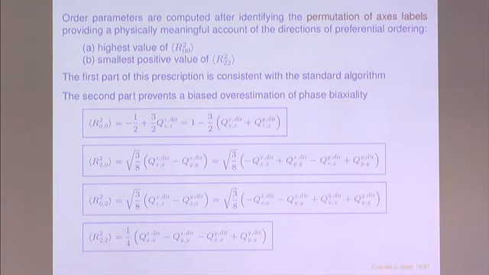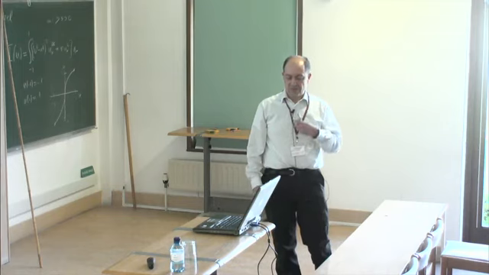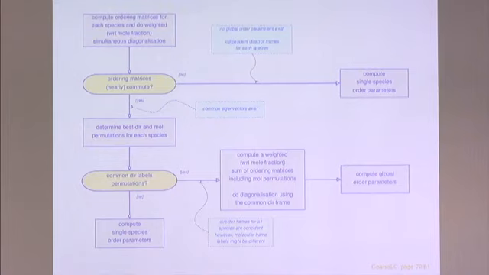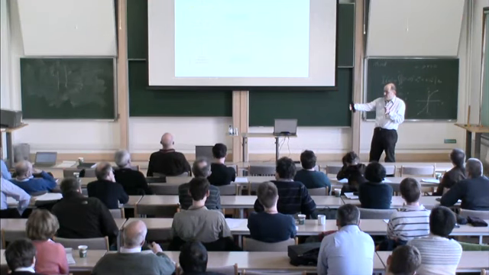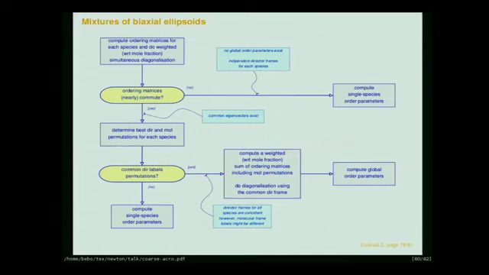It's established for single component systems, but if we go to systems where there is more than one species, things are no longer clear, and at the time being there is no algorithm for computing a global macroscopic order parameter similar to what one does experimentally, just measuring a refractive index.